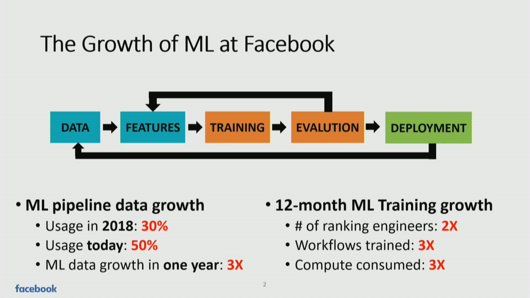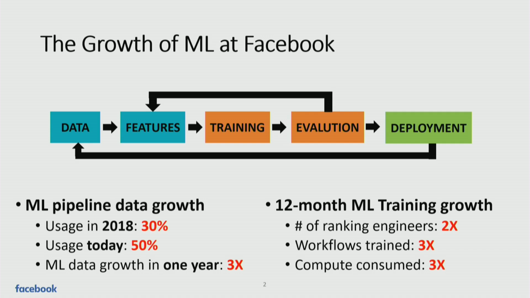Just to give you an example about machine learning pipeline data growth at Facebook. In 2008, if you take the entire data warehouse, 30% of this warehouse was used for training, and today it's 50%. Now, if you combine it with the fact that the size of the warehouse has doubled in the same time period, you can easily see that ML data has grown almost 3x in just 1 year.